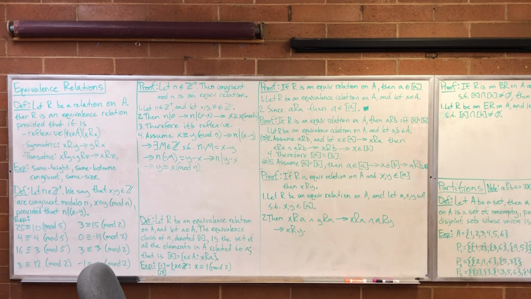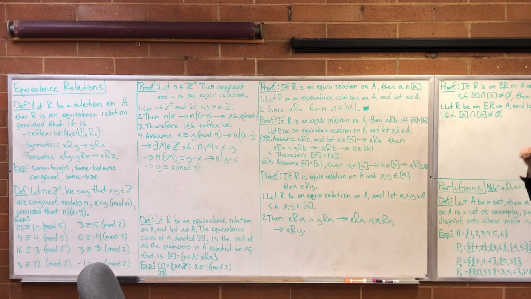I got sick of writing equivalence relation, so E.R., that's equivalence relation. If R is an equivalence relation on some set A, and if A and B are elements in A, such that their equivalence classes have some overlap, then they're actually the same equivalence class.